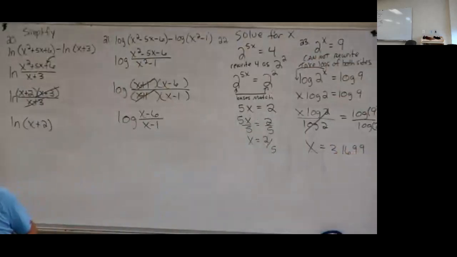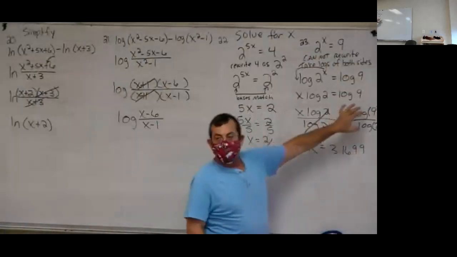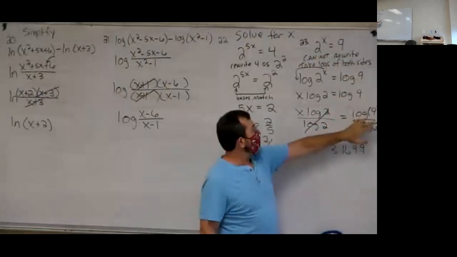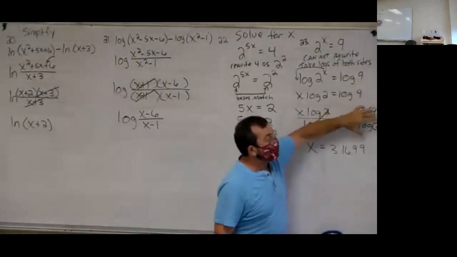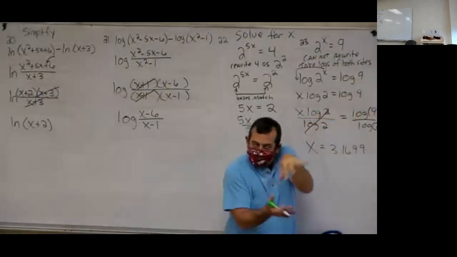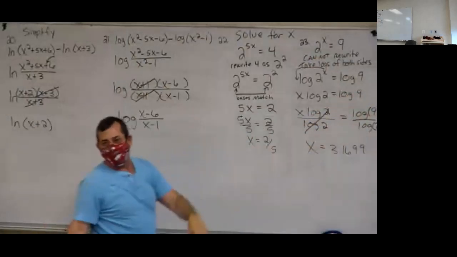Is that what yours says? Yeah. So the main trick on that is when people do this, a lot of times they'll forget to close this. And if you don't close this parenthesis, you're actually finding the log of 9 divided by log of 2, like a fraction.